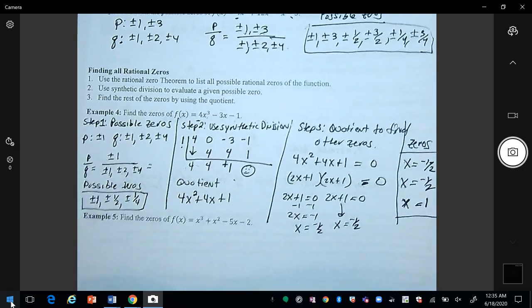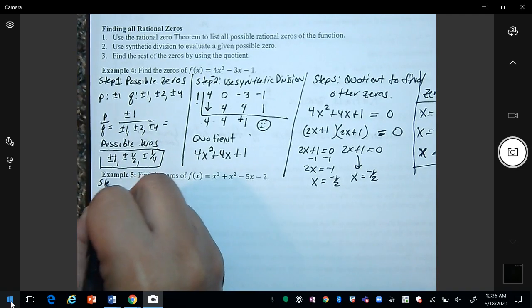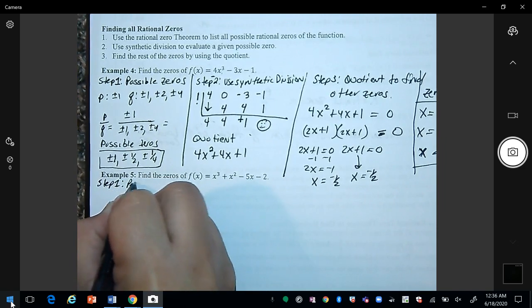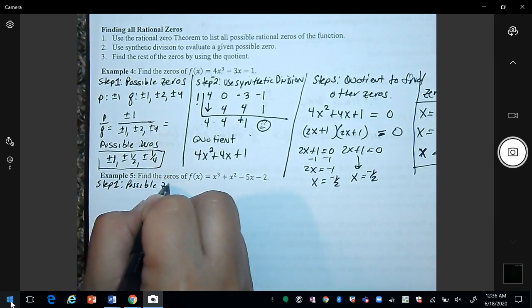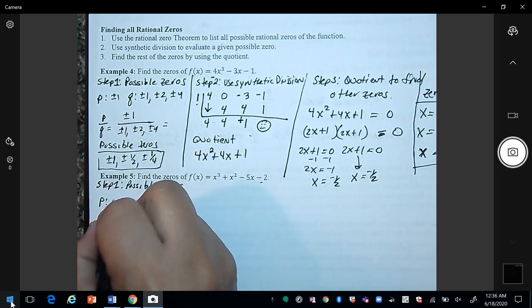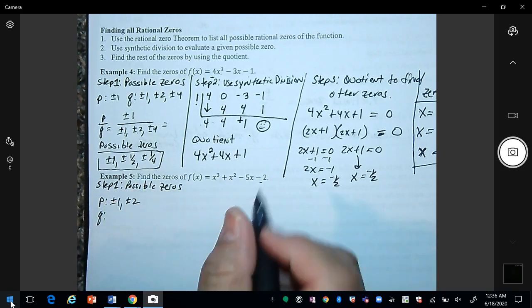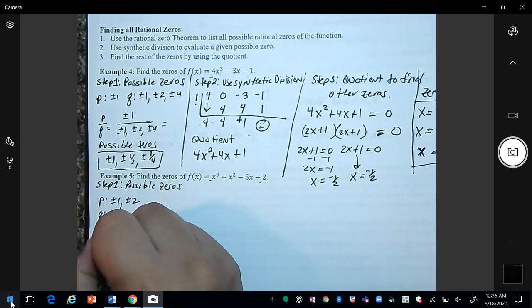Okay, let's go to example 5. Find the zeros. Again, step 1, possible zeros. Our p is negative 2, and our q is 1.